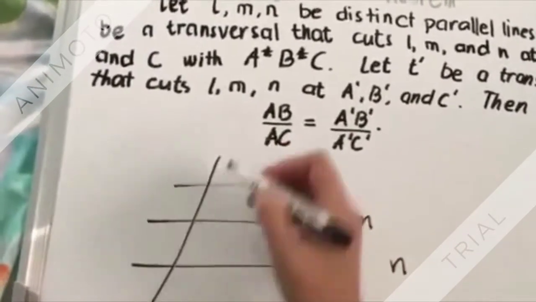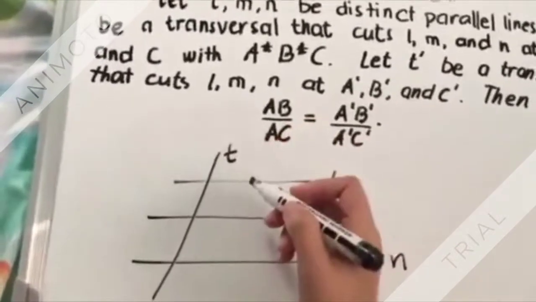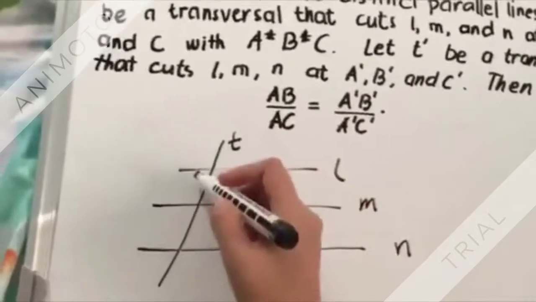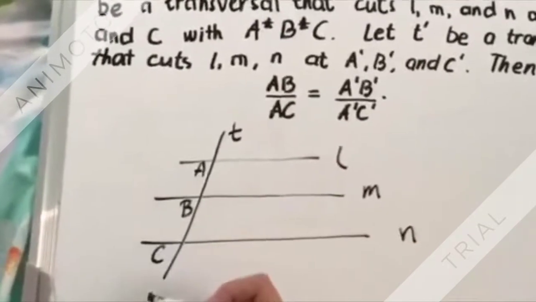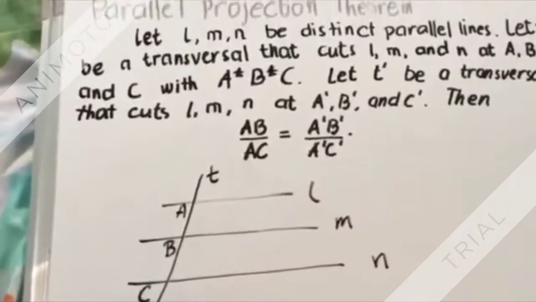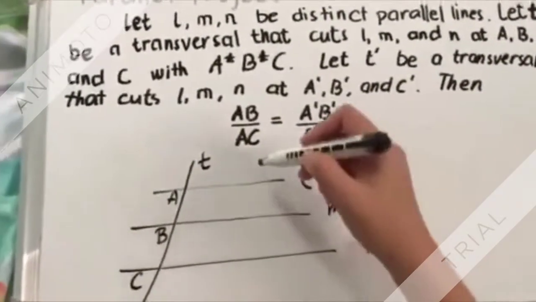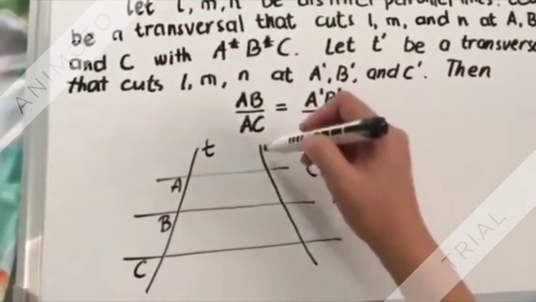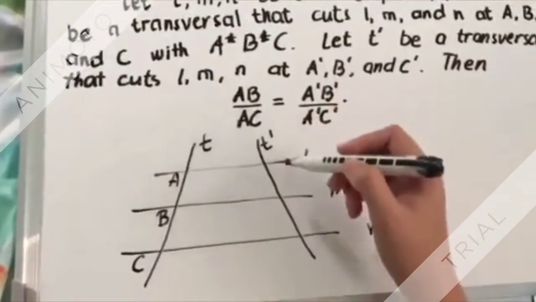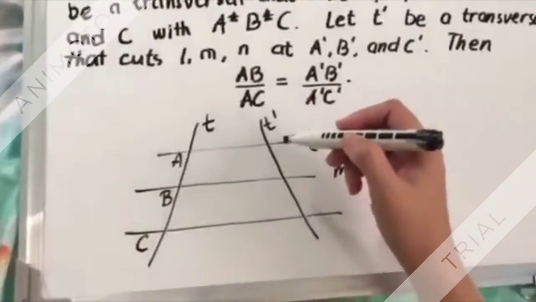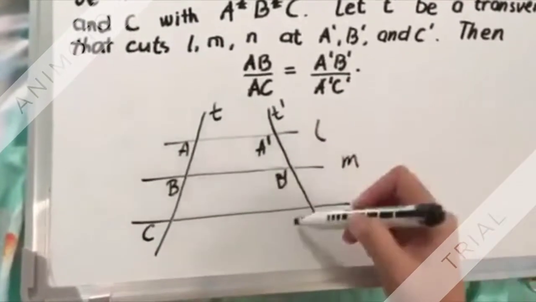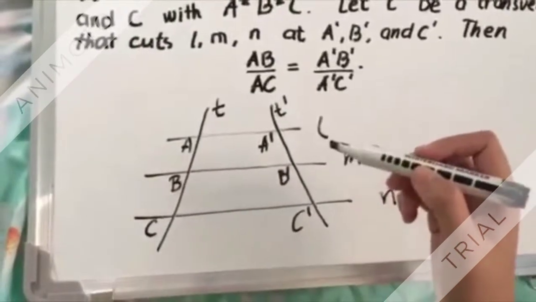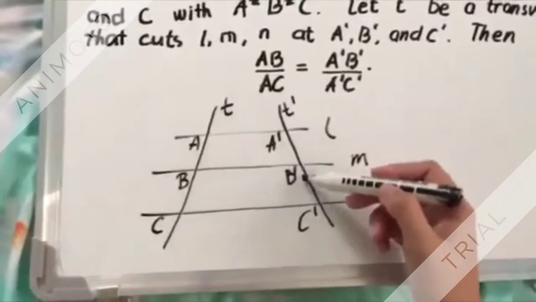And T is a transversal that cuts L, M, and N at A, B, and C. And T prime is some other transversal that cuts L, M, and N at A prime, B prime, C prime.